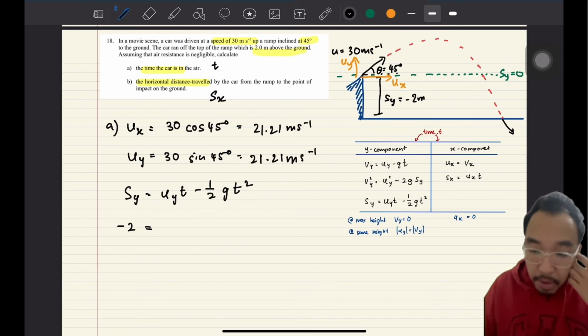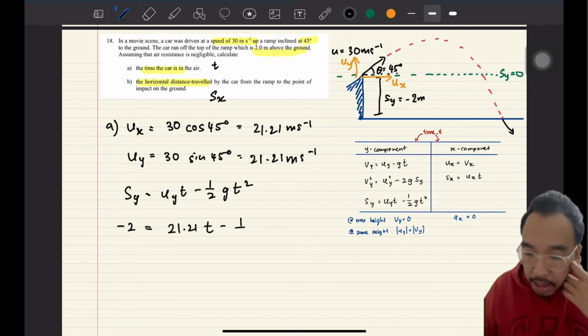Uy will be positive because Uy is pointing upwards. That's why it's important to draw the diagram. If you didn't draw it, there's no way you can solve it. So we have 21.21 t minus half times 9.81 times t squared.